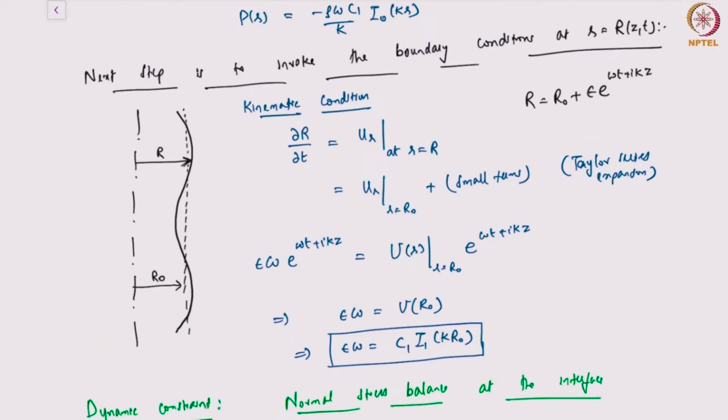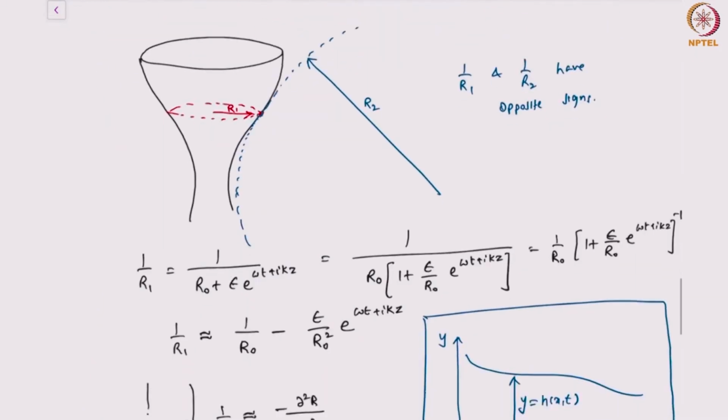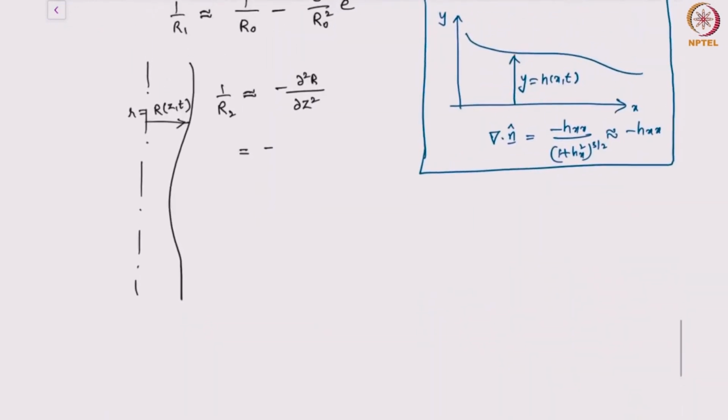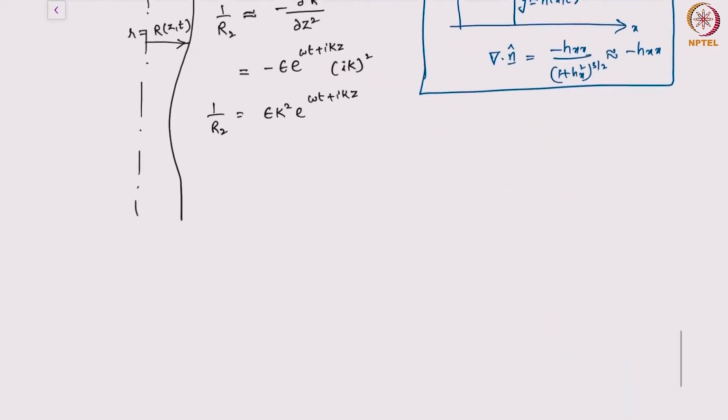If I take the derivative of R once, I get an ik factor, and if I take it twice, I get ik twice. So I have epsilon e power omega t plus i k z times ik whole square. But i square is minus 1, and therefore I get minus epsilon k square e power omega t plus ikz. This is 1 by r2.